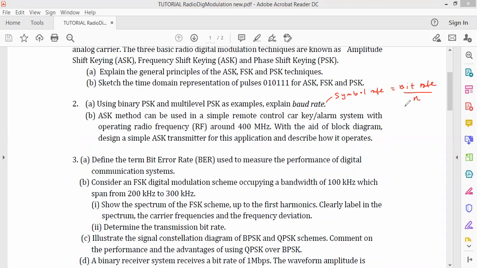Where n is log to the base 2 of M, and is the number of bits used to represent each symbol. And you need to use binary PSK and multi-level PSK.